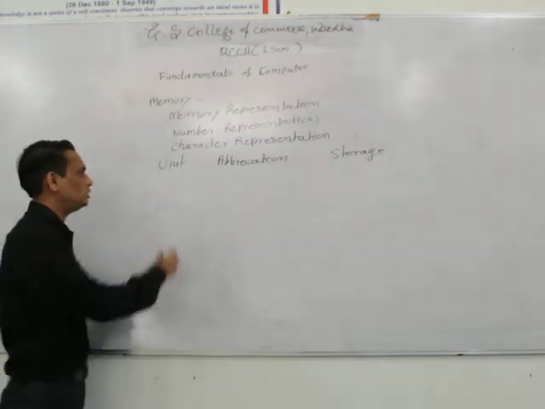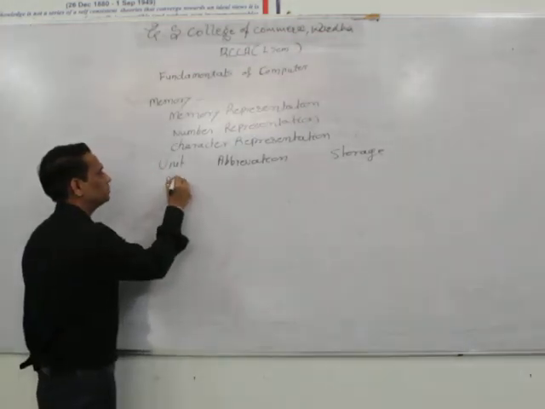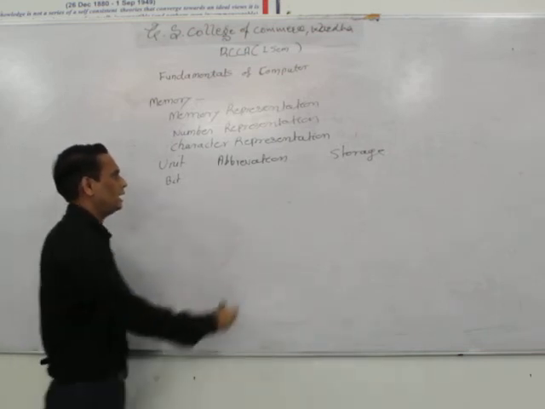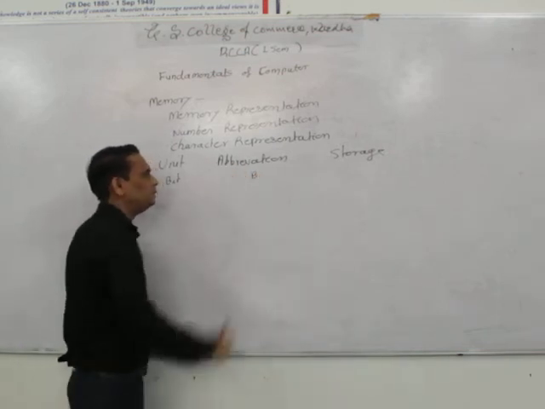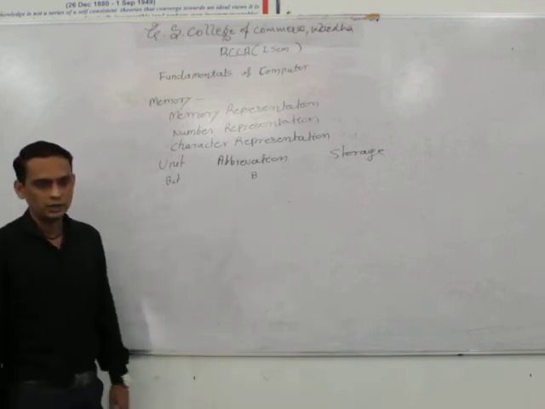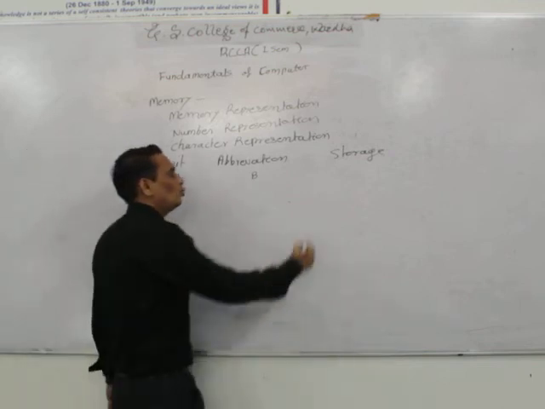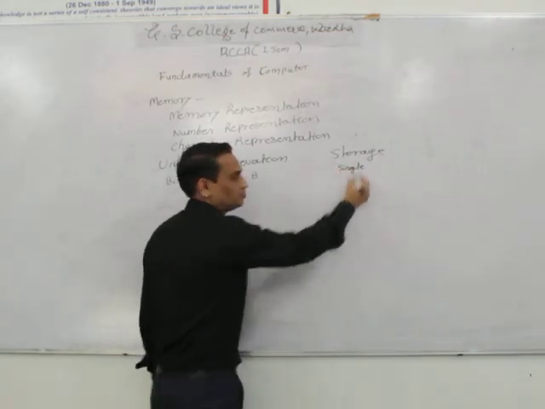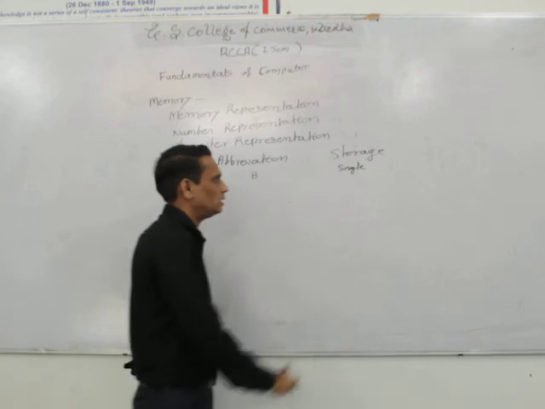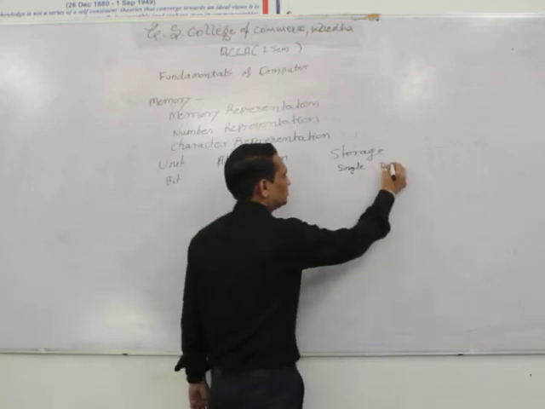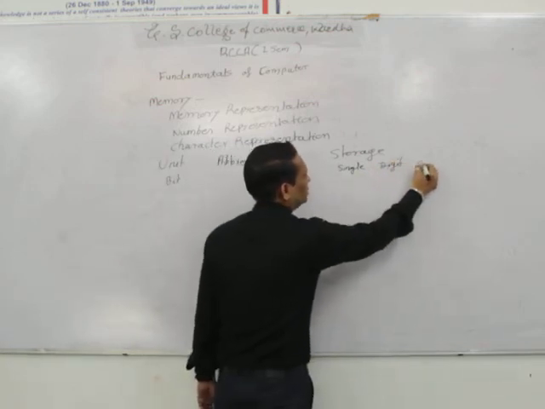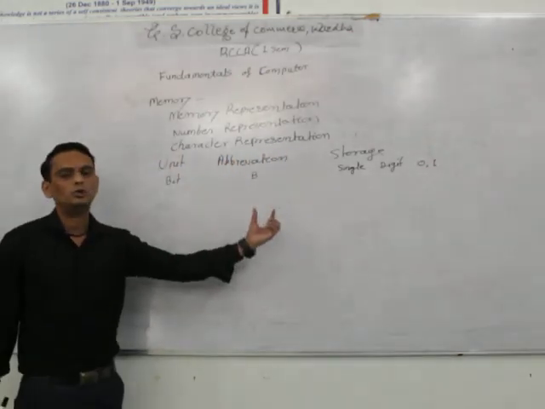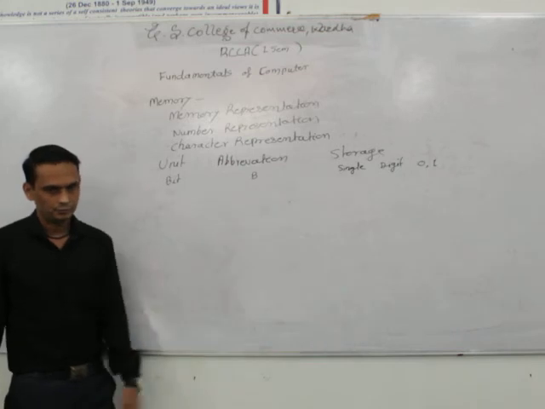The smallest unit is called a bit, abbreviated by b. The storage is a single digit, that is 0 or 1. It can hold only 0 or 1.